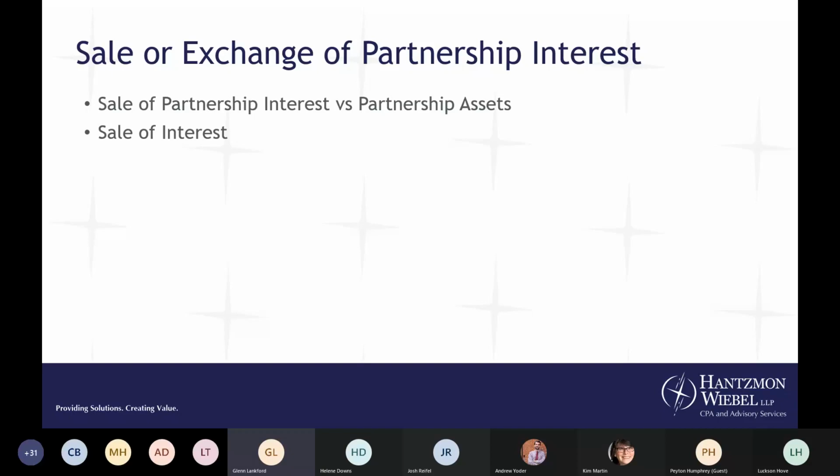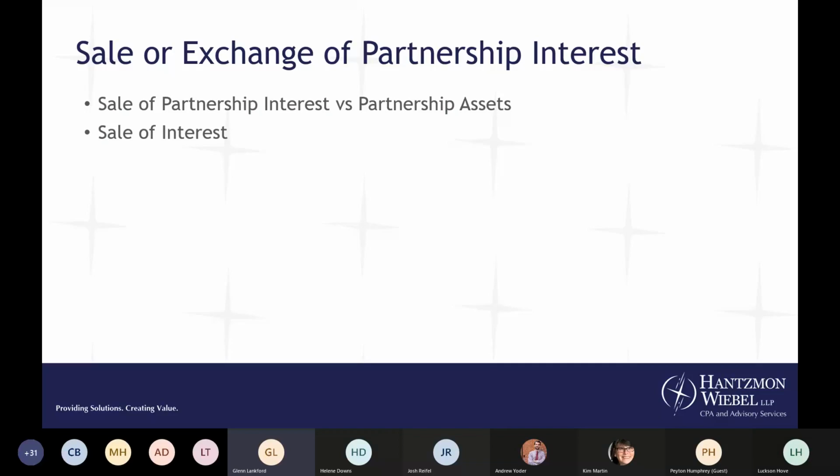Also, if you had real property in this LLC and you were to sell the real property, you would likely be subject to assorted transfer taxes in whatever state the property was in. If you're selling the LLC interest, you're not going to have that.